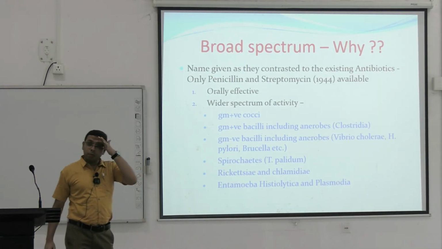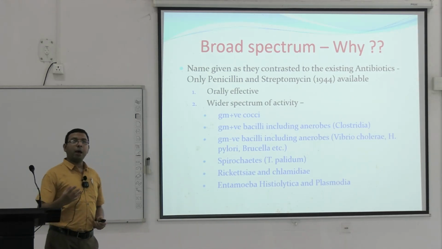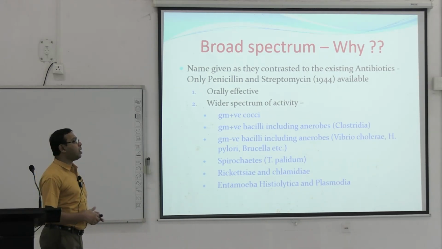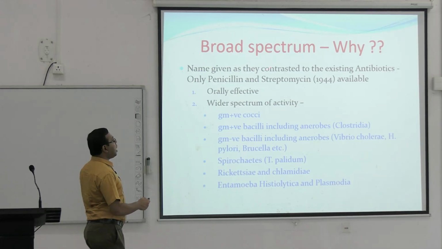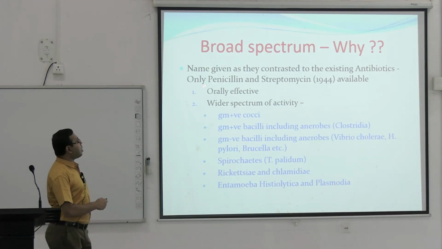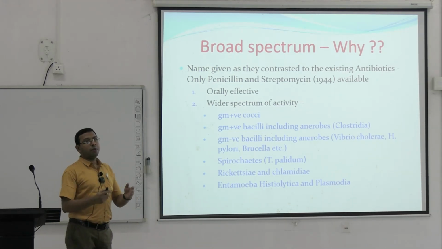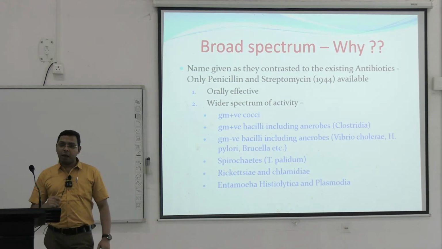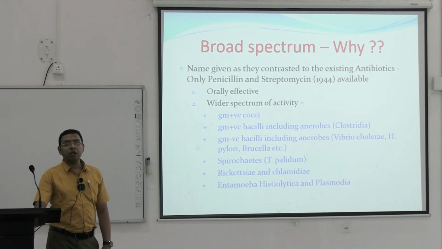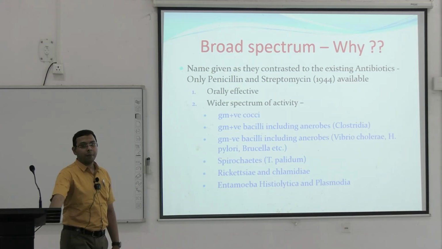So broad spectrum, already I have given you a nutshell about the difference between a broad spectrum and narrow spectrum antibiotics. So they are contrasted to the existing ones, when streptomycin was available. Penicillin and streptomycin, both of these are narrow spectrum antibiotics.